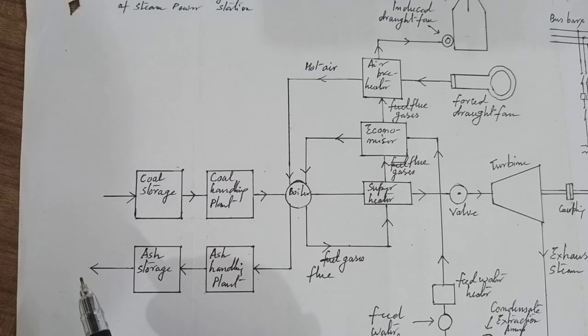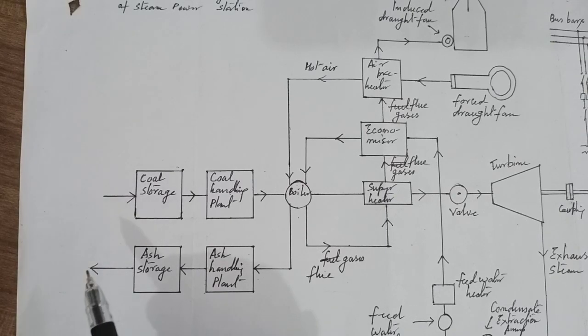It means 2,000 to 3,000 tons. In fact, in a thermal station about 50% to 60% of the total operating cost consists of fuel purchasing and its handling.